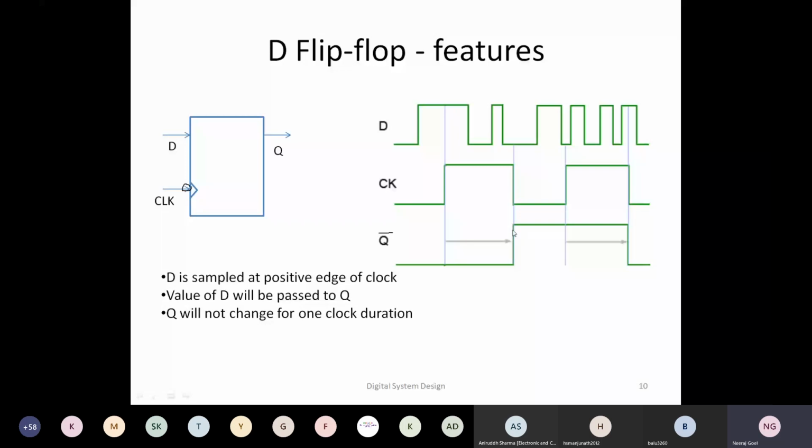So D is actually sampled at the positive edge of the clock, and the value of D is passed to Q, and the value of Q will not change during the whole one clock period duration. That's a very important feature of the D flip-flop: whatever we sample at the positive edge or the negative edge, for one clock period, that value will be stored. There won't be any disturbance.